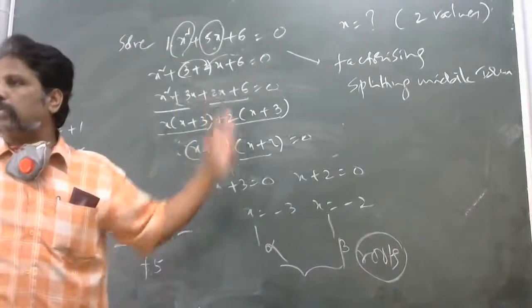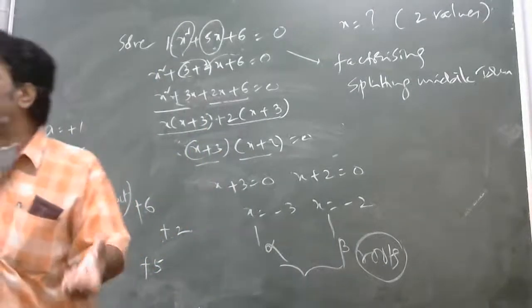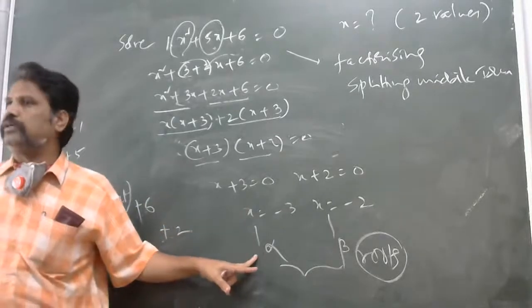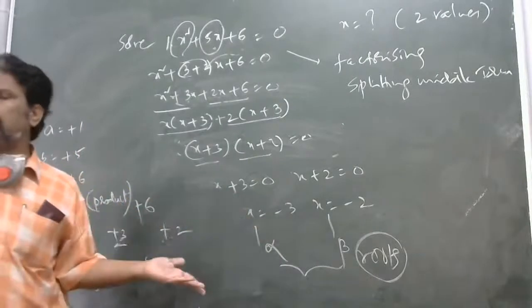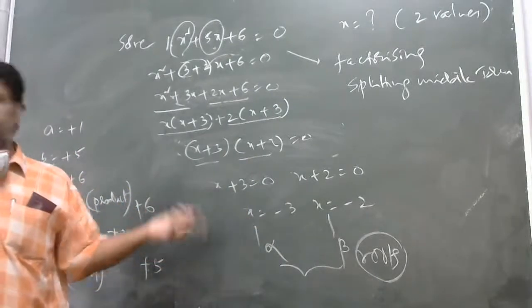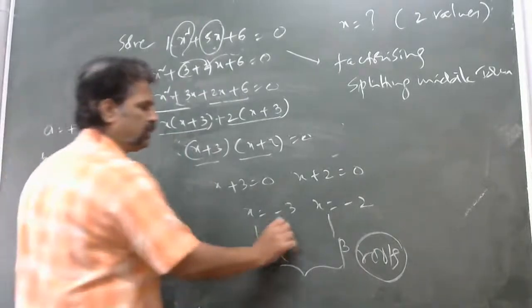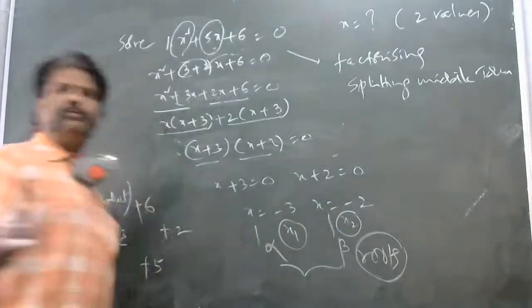The values of the variable satisfying the quadratic equation are called the roots. Because the degree is 2, two roots are there. They are generally called alpha, beta or x1, x2. First root and second root like this. You name anything, but the meaning is the same.